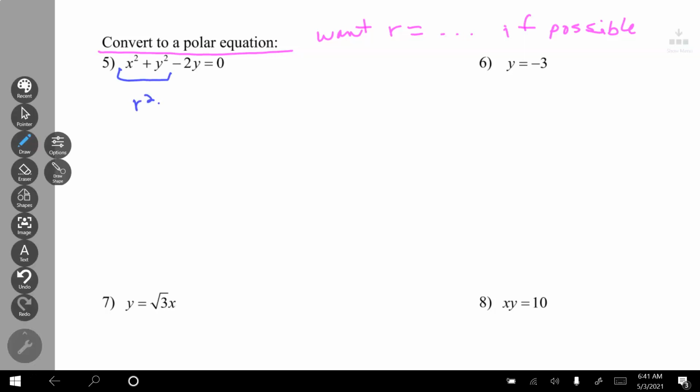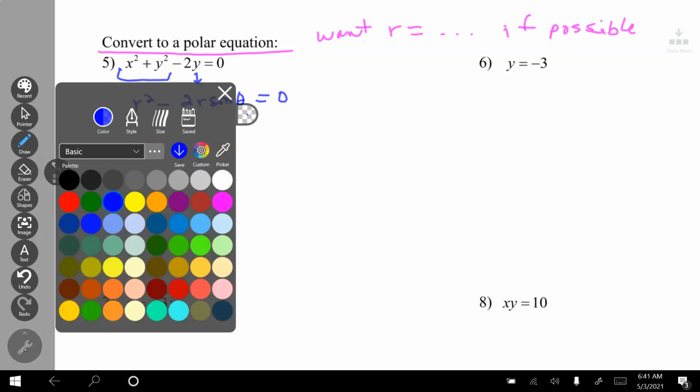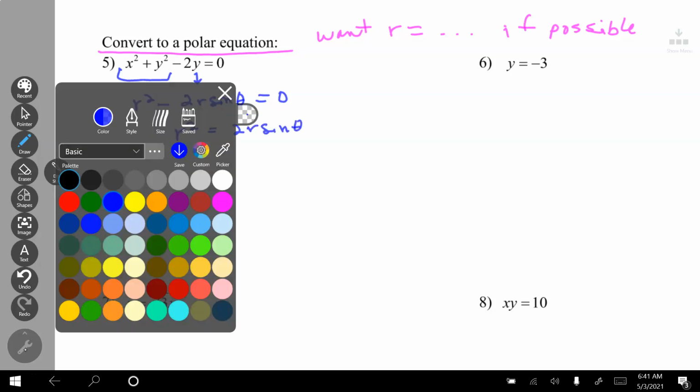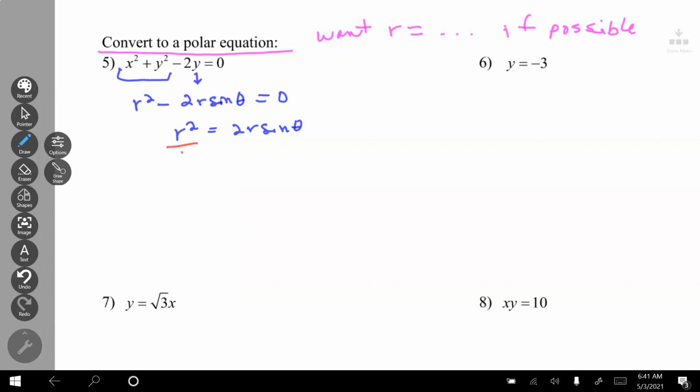That just gives me r squared minus, oh yeah, the y value is 2 times r sine theta, equal to 0. I'm going to add it over to the other side, so I have r squared is equal to 2r sine of theta. And then I said I could divide out by r. I don't want to take the square root of something. I see they both have r's, and I get r is equal to 2 sine theta.